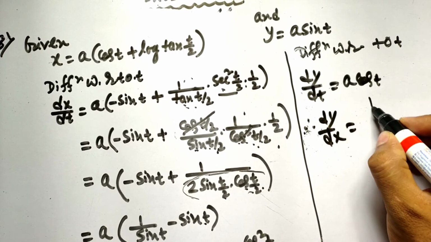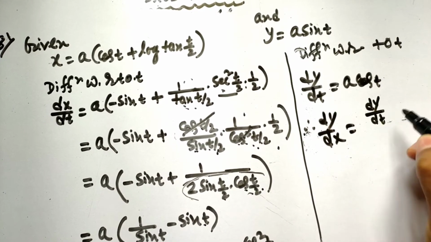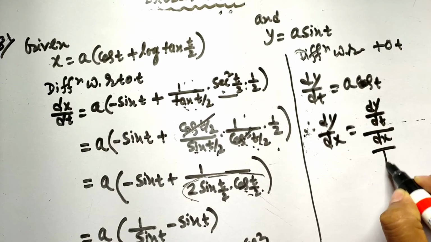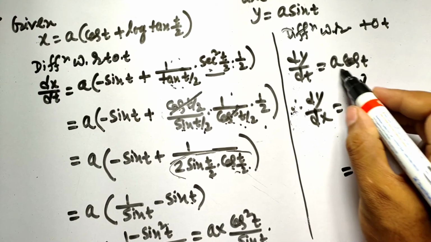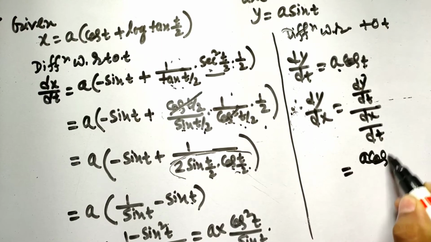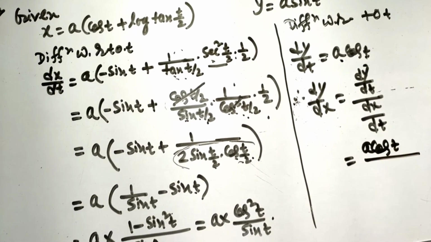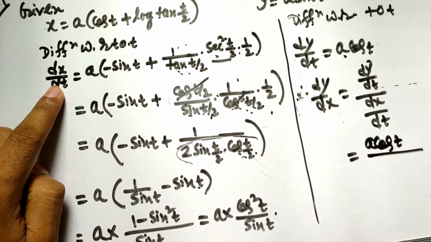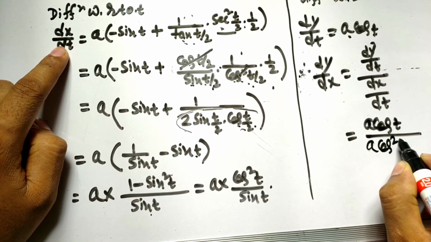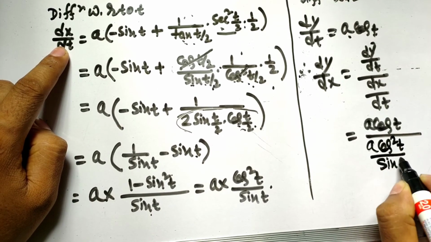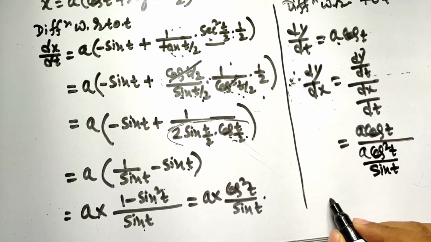Divide both numerator and denominator by dt, so dy/dx is dy/dt by dx/dt. Now substitute all the values. dy/dt value is a cos t, divided by dx/dt, which I already found as a cos square t divided by sin t. Now calculate this.